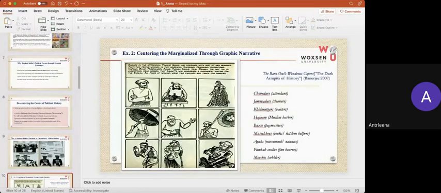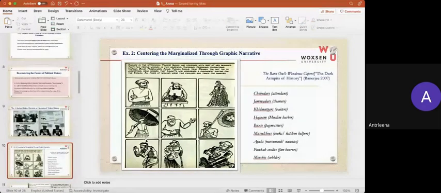The next example is centering the marginalized through the graphic narrative. This is another story from Barn Owl's Wanderer's Capers, called The Dark Armpits of History, a very post-colonial story. These are workers who were working under the British rule.